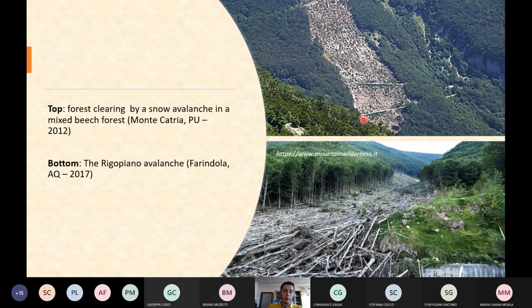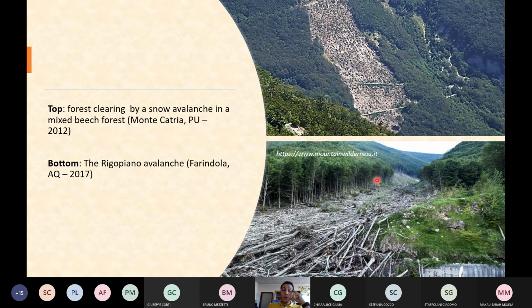And we can see in the top image the snow avalanche that happened in Mount Caltria in 2012 on a mixed beech forest, and in the bottom picture we can see the sadly famous Rigopiano avalanche that happened in 2017.